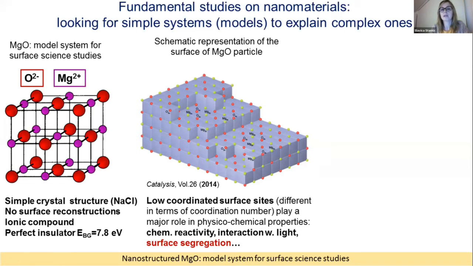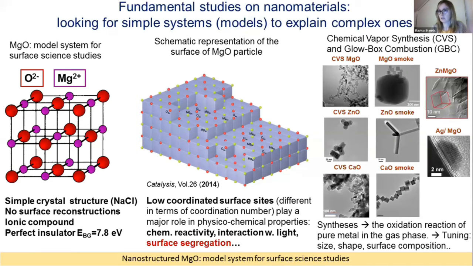Those sites at the surface play a major role in different physicochemical properties of oxides. So we are looking at chemical reactivity and interaction with light. We are also, as I will show in this talk, substituting magnesium 2+ by zinc 2+ on this surface, so surface segregation and so on.